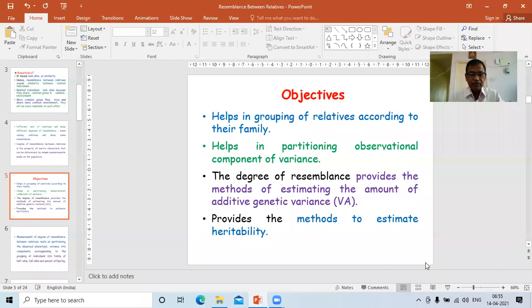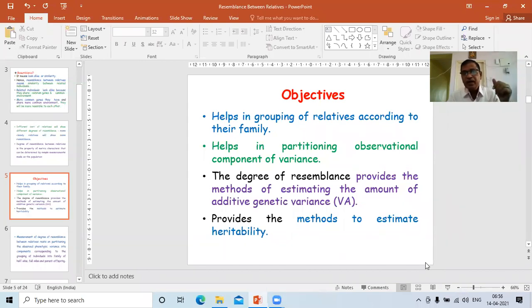Suppose the sire has 10 daughters, and all 10 daughters may be produced from 10 different cows, or maybe from 5 different cows. That means there is a relationship: all the 10 daughters are related to each other because they share some genes in common, received from the sire.